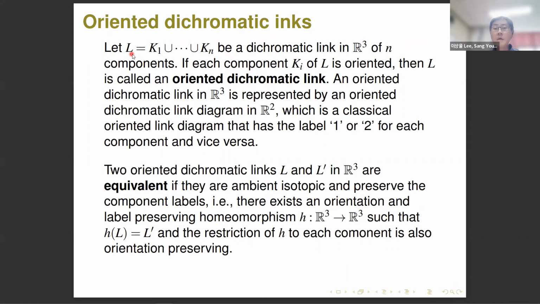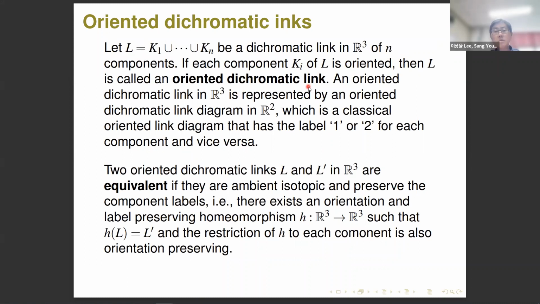Let L be a dichromatic link in 3-space of n components. If each component of L is oriented, then L is called an oriented dichromatic link.